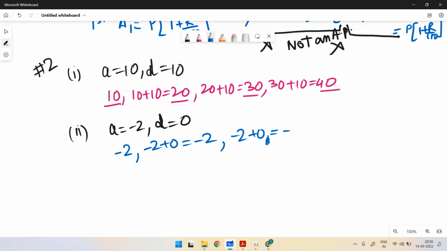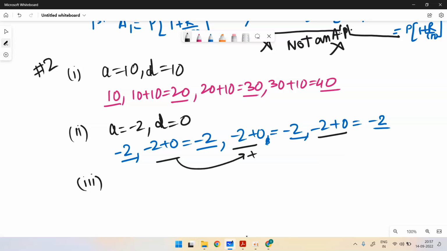So the terms are minus 2, minus 2, minus 2, minus 2. That is the answer. The terms are A, A plus D, A plus 2D, A plus 3D, where each time we add D.